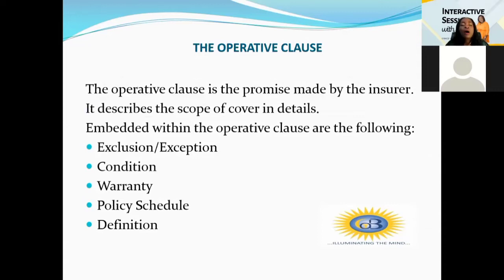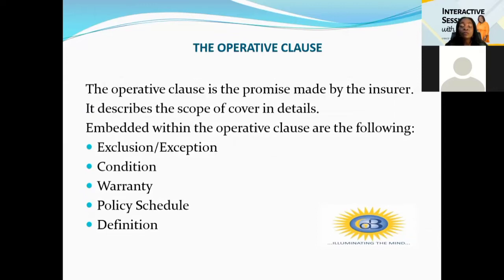So another clause we want to look at this evening under operative clauses is condition. You will agree with me, two and three weeks ago, we talked about conditions. If you have been following me on this program, by now, I believe you all understand what conditions are.